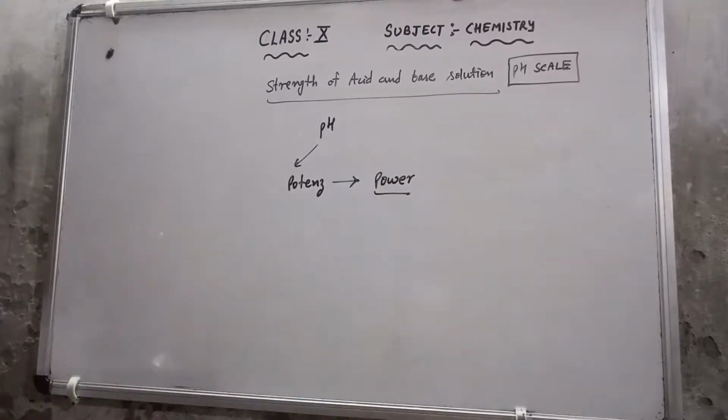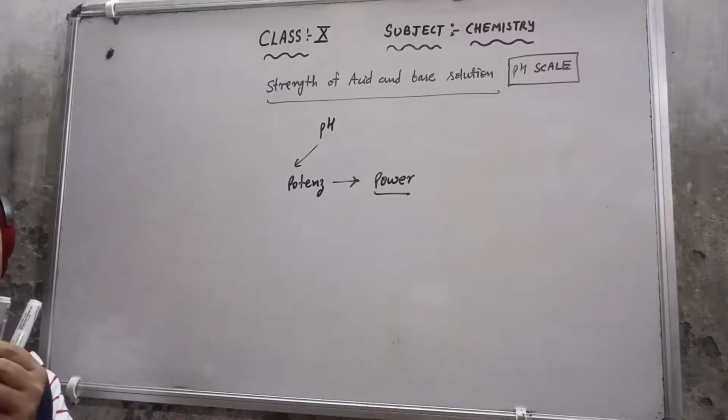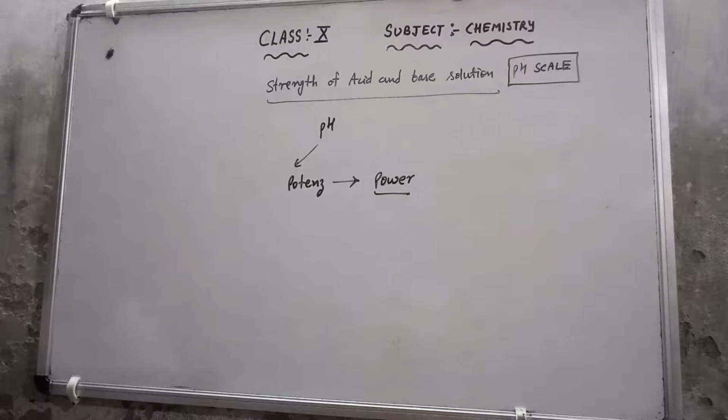So pH means the power of hydrogen ion concentration, or I will say that pH is a number by which negative power of 10 has to be raised in order to express the concentration of hydrogen ion of the solution.